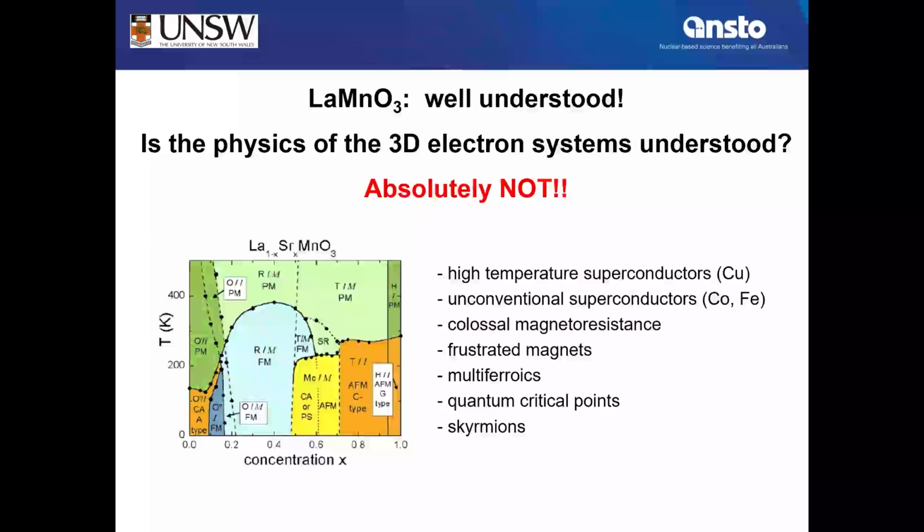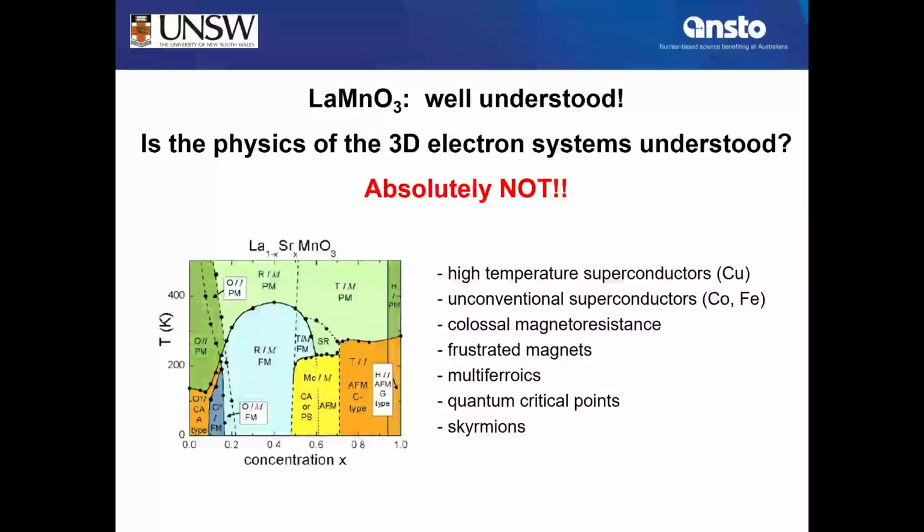So important open questions and current research topics are high temperature superconductivity, cuprates, yttrium barium copper oxide, or unconventional superconductors, ferrites. Colossal magnetoresistance, very important for applications like in read and write heads.